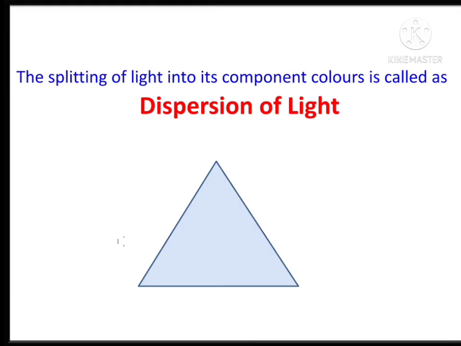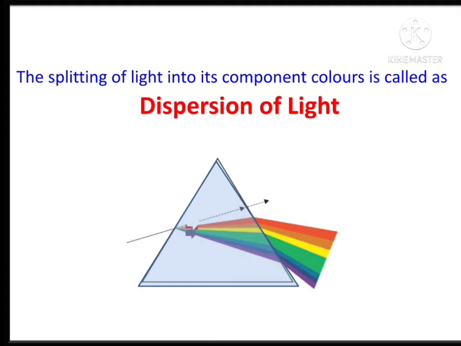Then the splitting of light into its component colors is called dispersion of light. When white light enters the prism, due to refraction, different component colors of light go in different directions. That means they get separated from each other.